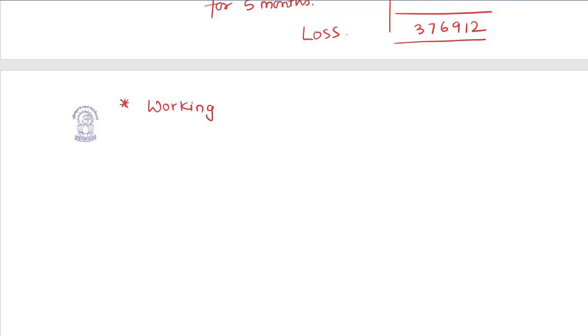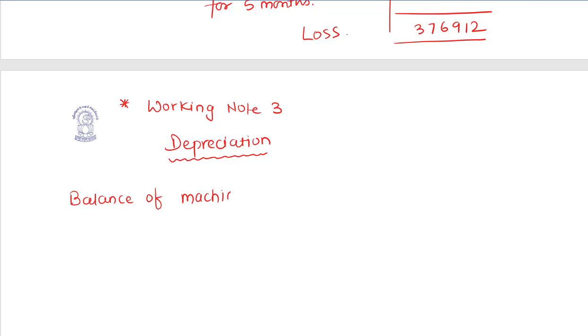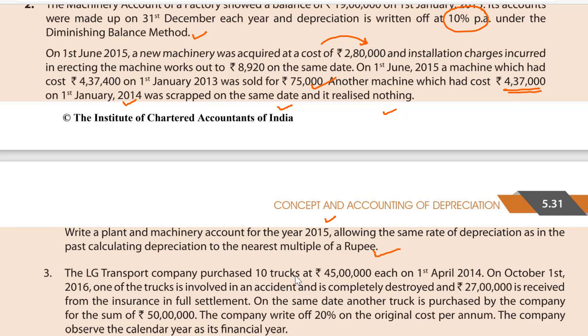Next is working note 3. Depreciation. The balance of machinery account on 1st of January 2015 is 19 lakhs.